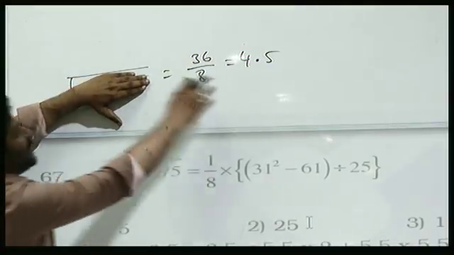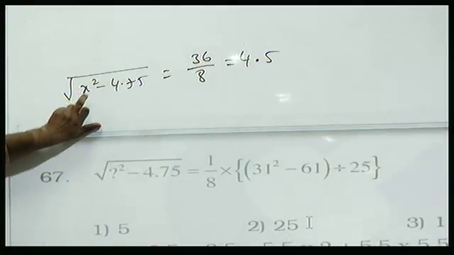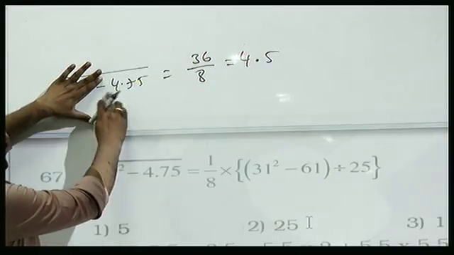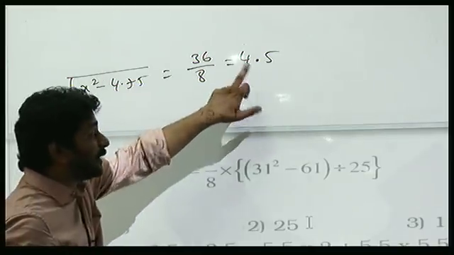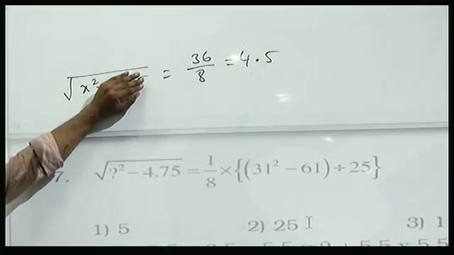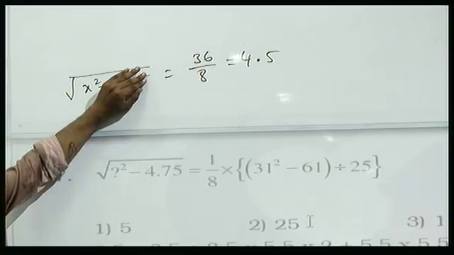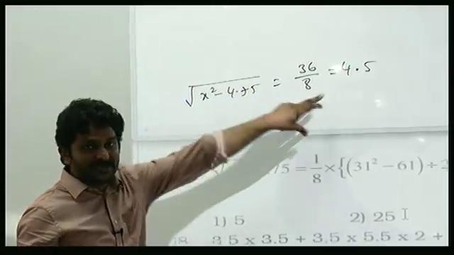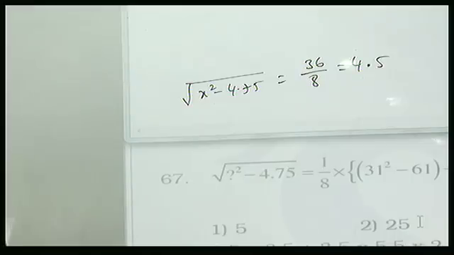The entire value is equal to 4.5. Yes or no? And you need to calculate x value here. After square of this number, you need to subtract something. So this x value should be definitely more than 4.5, right? Because if you have 4.5 square, if you don't have 4.75, x will be equal to 4.5. But after subtracting something and under root value, which is equal to 4.5, this x value will be definitely more than 4.5. Yes or no?